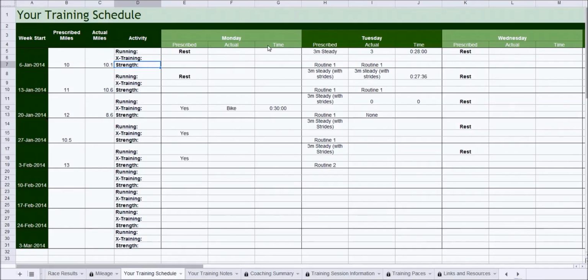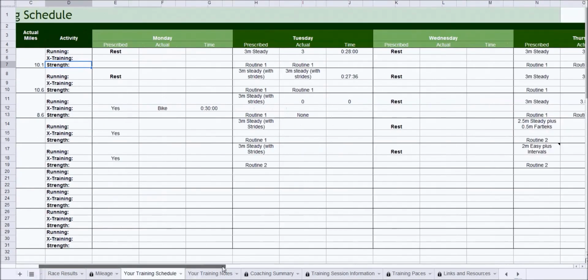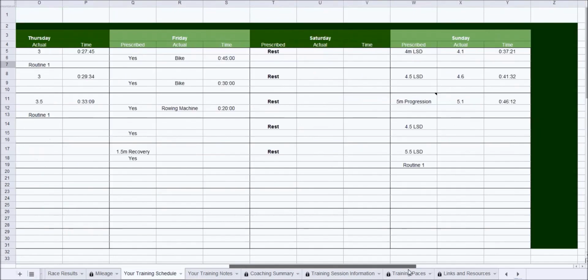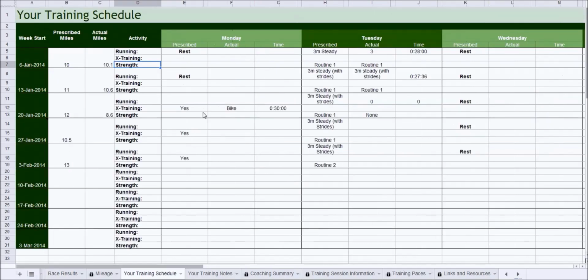The rest of the plan is made up of 3 columns for each day of the week. If we scroll across, we can see we've got Monday through to Sunday, and on those particular days, we have the prescribed activity for that day. We can see, for example, that on the 6th of January, that's a rest day for John.